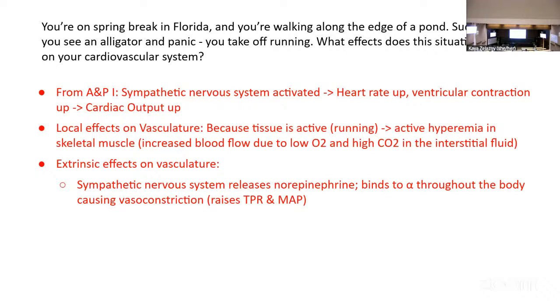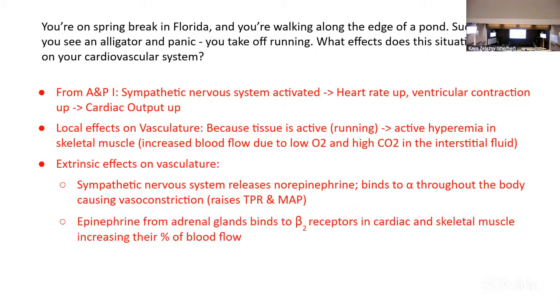So when we clamp down on an arteriole, we're making its radius smaller. So we are increasing our resistance, and we have a relationship between resistance and flow and mean arterial pressure. So this is also increasing mean arterial pressure through the effect on the arterioles.